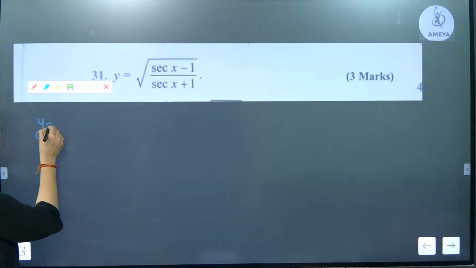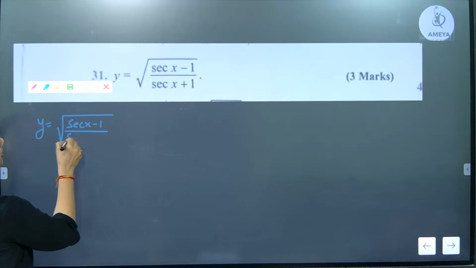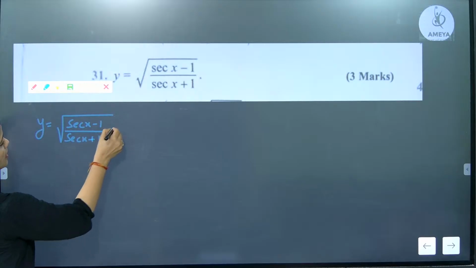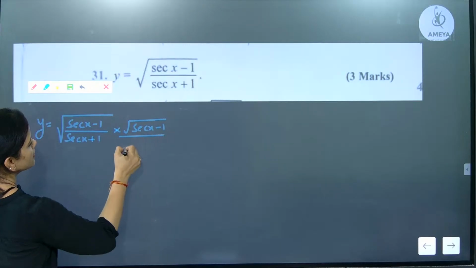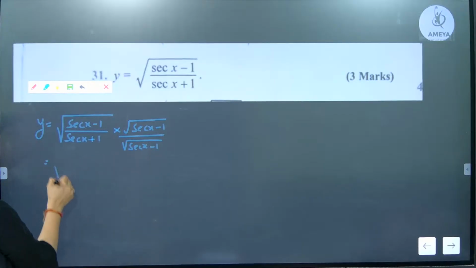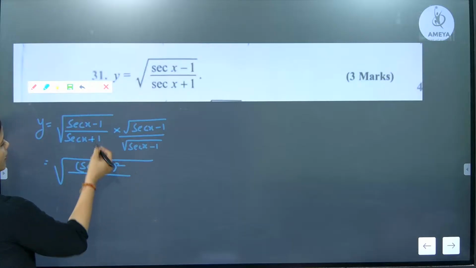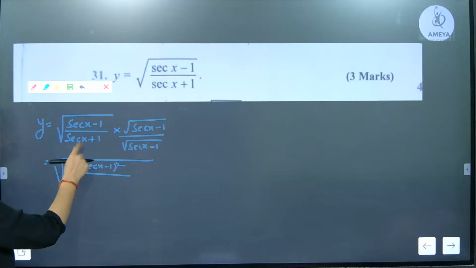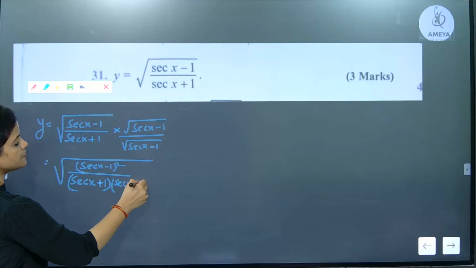Y equal to root under secant x minus 1 by secant x plus 1. Rationalize it with secant x minus 1 by secant x minus 1. So now here it is coming as secant x minus 1 whole square in the numerator, and in the denominator secant x plus 1 into secant x minus 1.